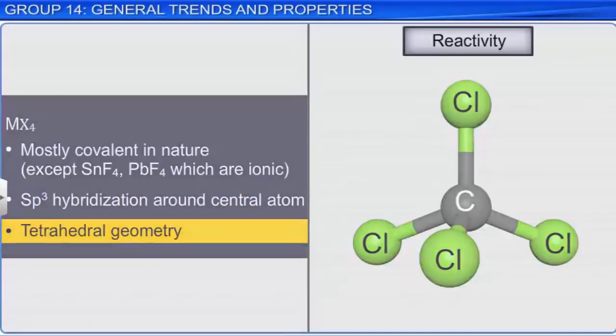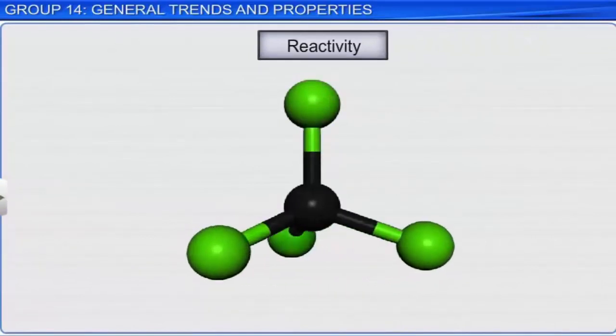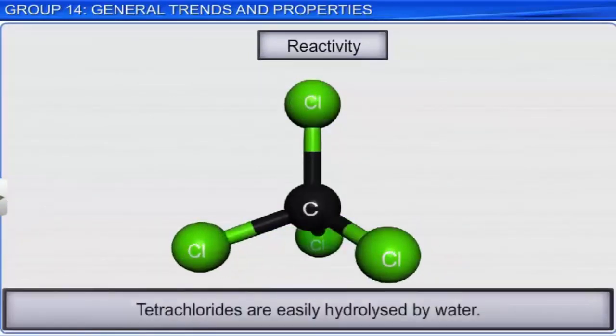The tetrachlorides of the group 14 elements, with the exception of carbon tetrachloride, are easily hydrolyzed by water by involving unoccupied d orbitals. For example, consider the hydrolysis of silicon tetrachloride.